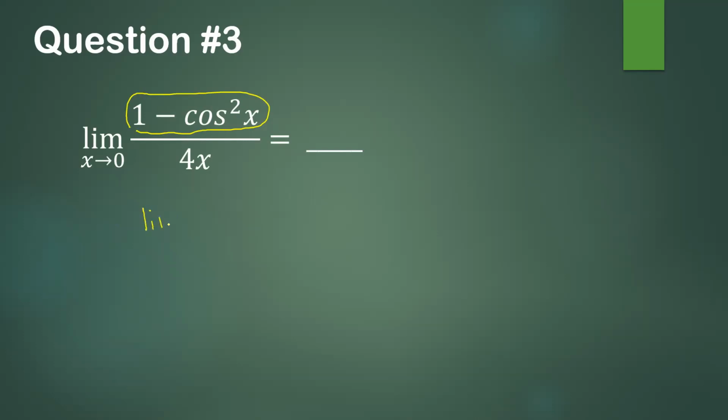Although you might want to use factoring, it can also be 1 plus cosine, 1 minus cosine. Anyway, if you recognize 1 minus cosine squared as sine squared x, very good. Then at the bottom, you have 4x.